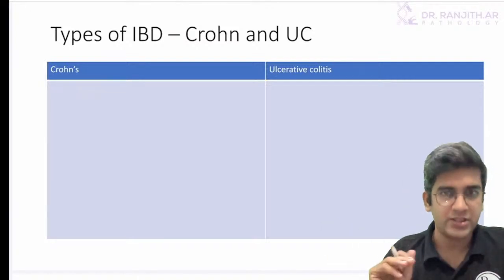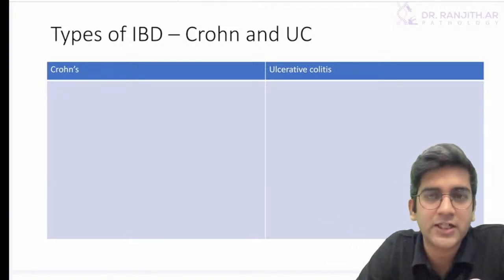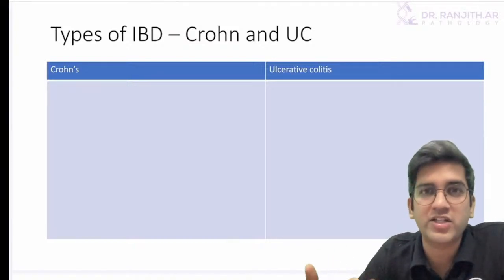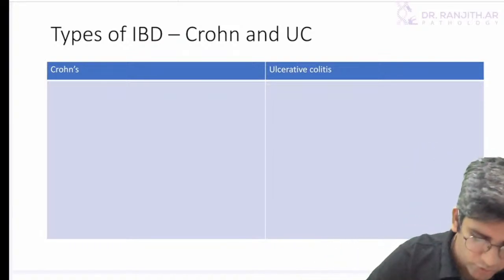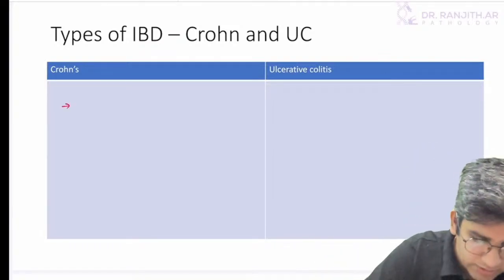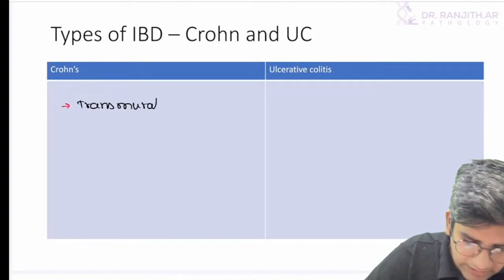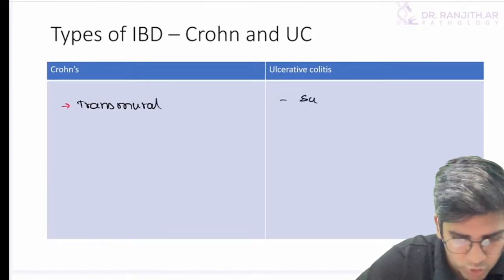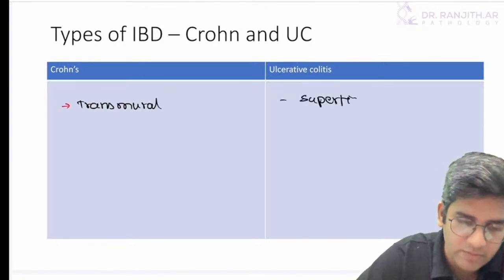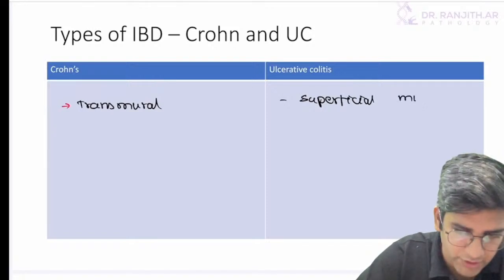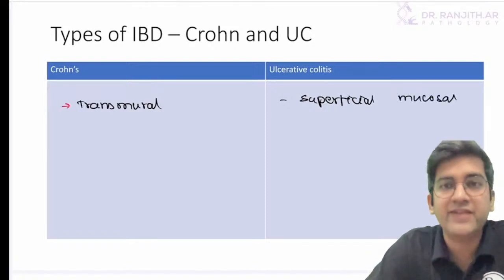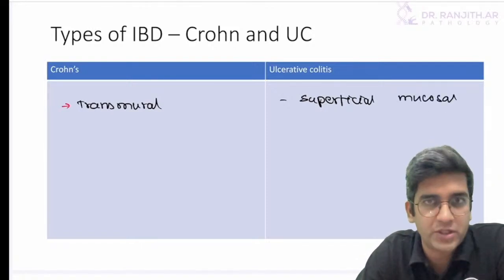Ulcerative colitis and Crohn's. The first thing is, which is transmural, which is superficial mucosal, because that's how we started the ulcerative colitis Crohn's table when we read, right? So Crohn's was always a transmural inflammation. Ulcerative colitis is a superficial mucosal inflammation. Okay, one is transmural, one is superficial mucosal, right?